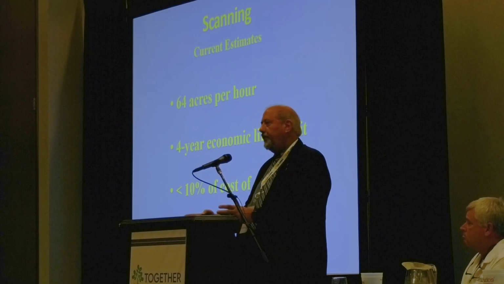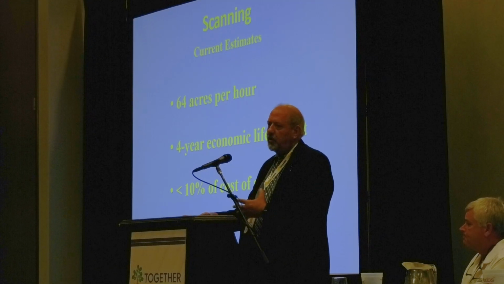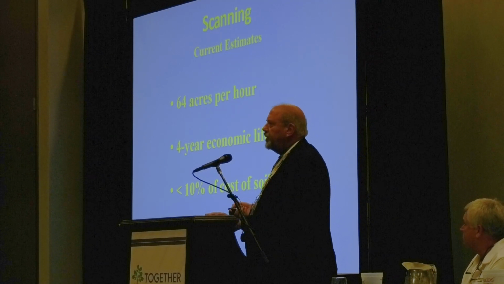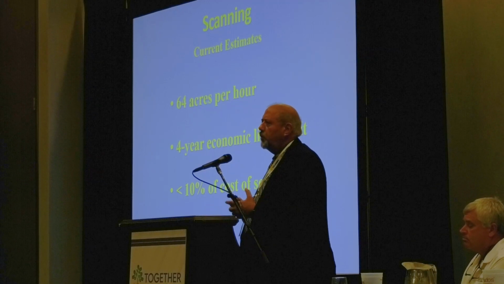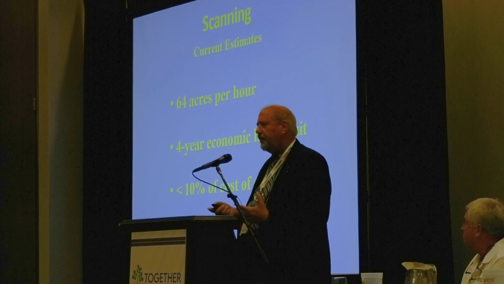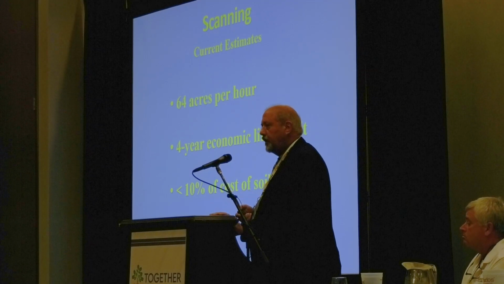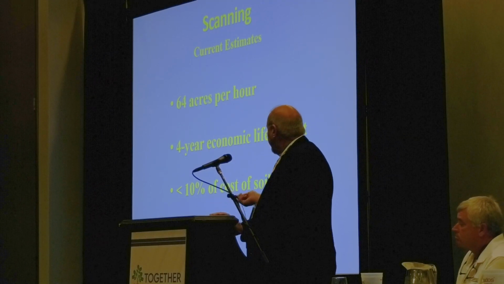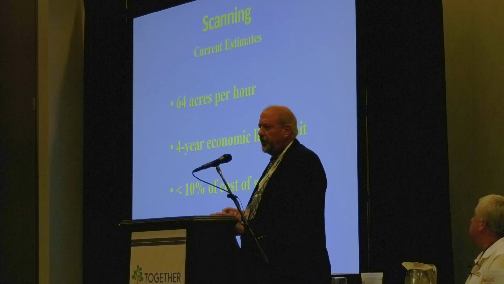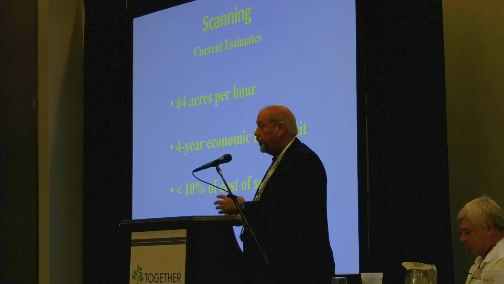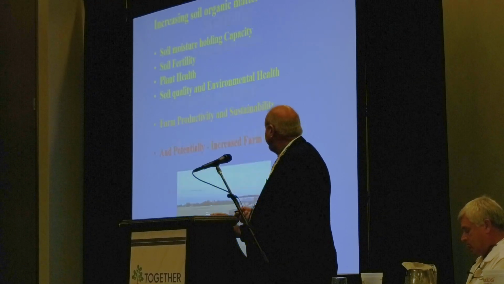So you're going to have to go in those periods of time when you're not going to hurt the crops. They've based their evaluations on 4 years, that they can use these carts for about 4 years before they have to replace them. I would hope they could use them longer than that, but that's what they're basing their evaluations on. And they think they can do it for less than 10% of the cost of traditional grid sampling.